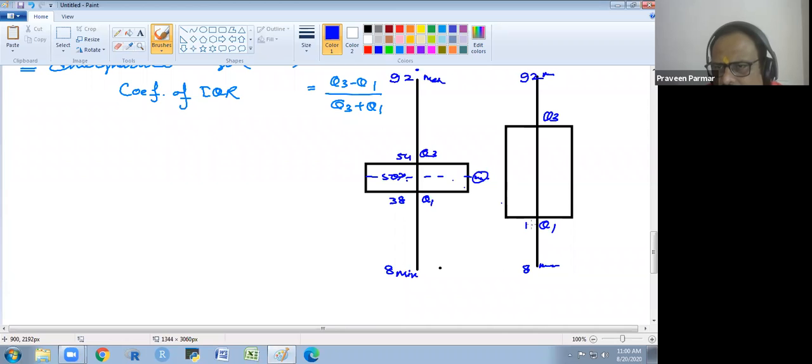Here I have 18 and here 72. So for the IQR of A, which is this, and B, we assume that. The IQR of A is 54 minus 38.